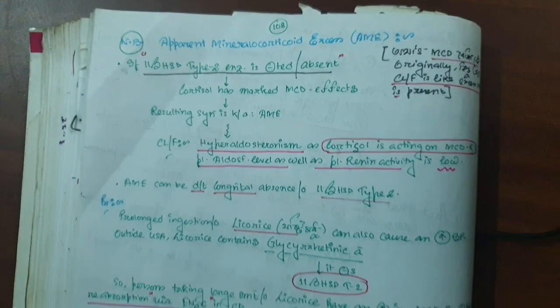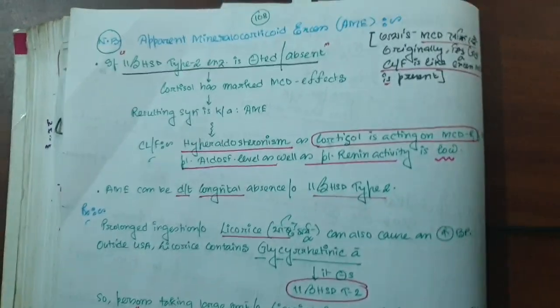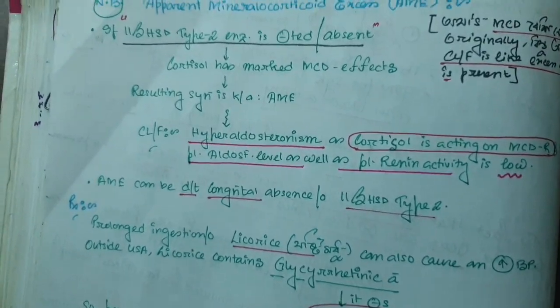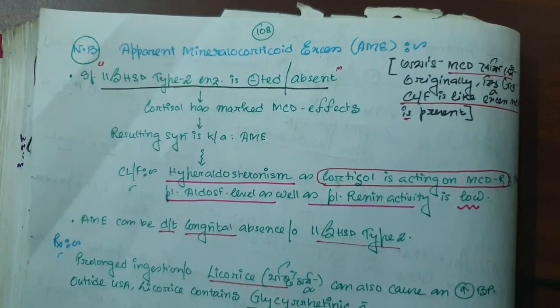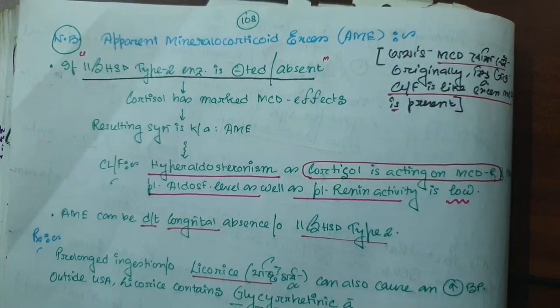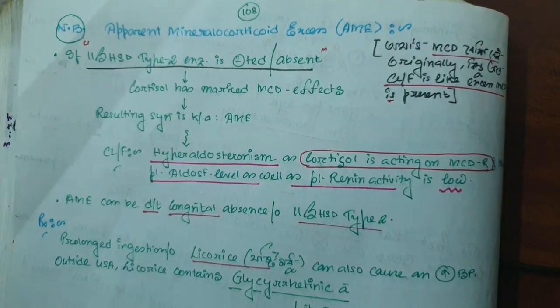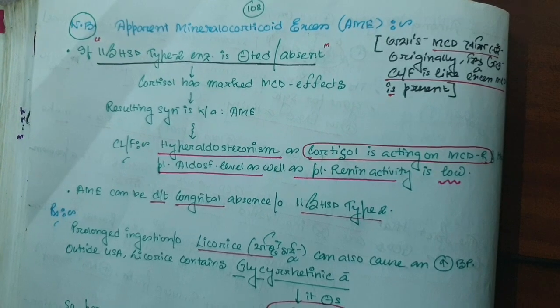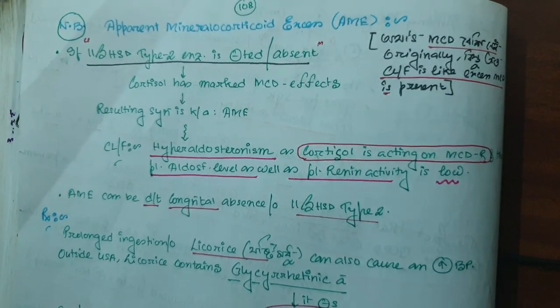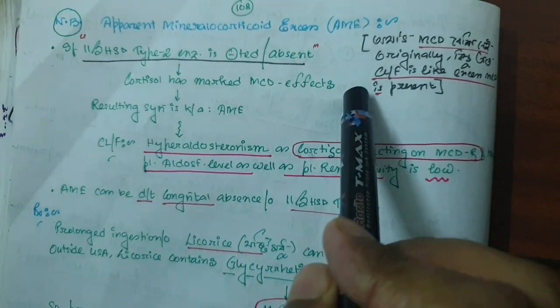Now, we will discuss a very interesting thing here, apparent mineralocorticoid excess, or in short form AME. Now, if the 11-beta HSD type 2 enzyme is deficient or totally absent, cortisol has a marked mineralocorticoid effect.